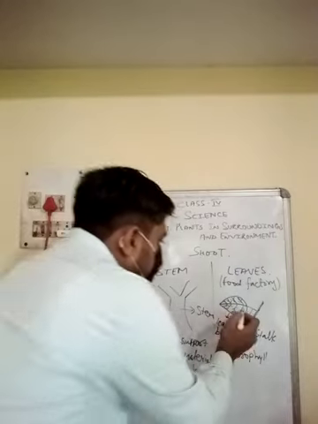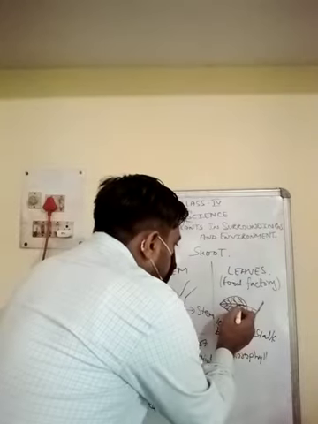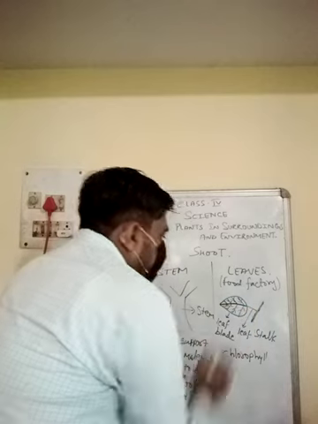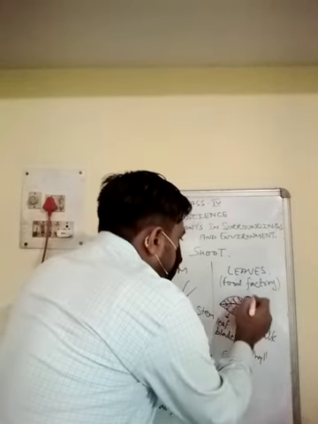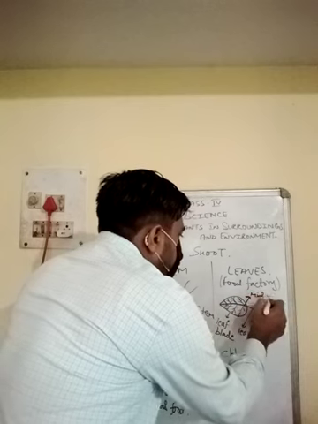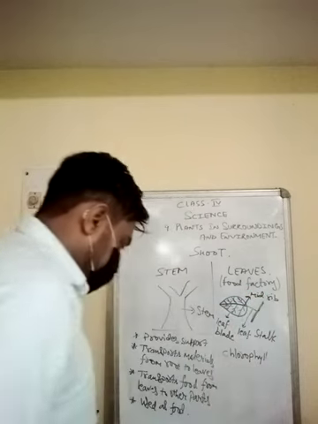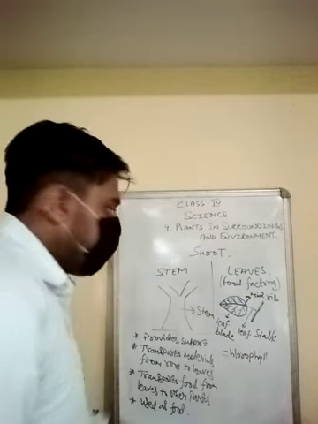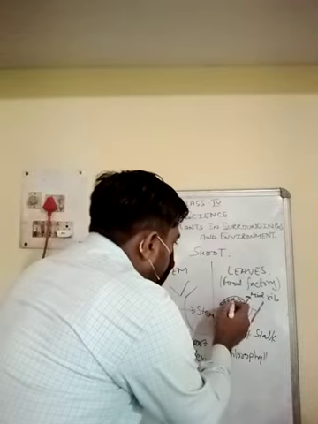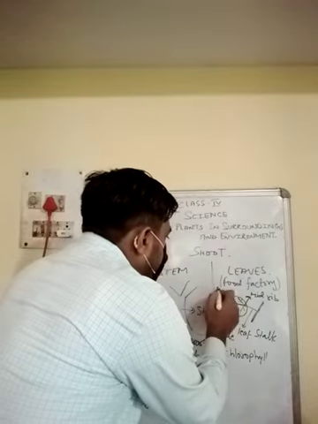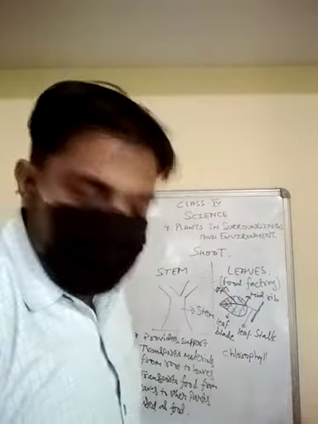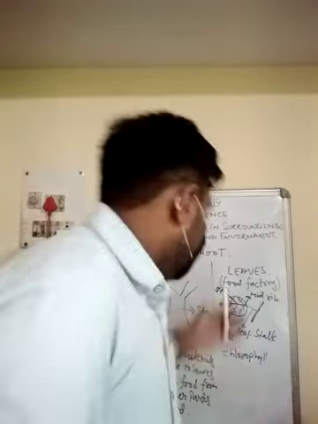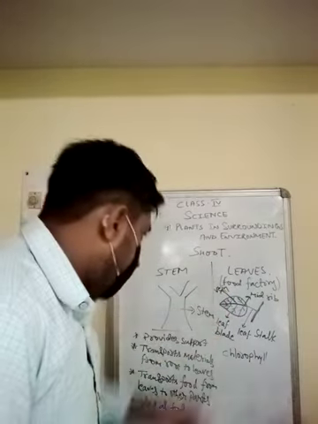Then you will see in the middle there is a thick branch going. This thick branch is known as midrib, and the small ones which have come out here are known as veins. V-E-I-N, vein.